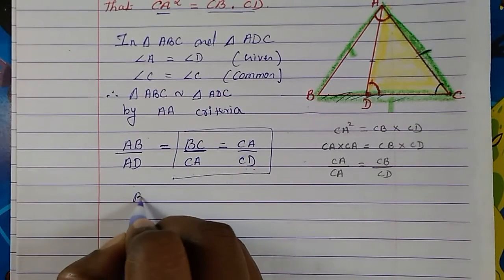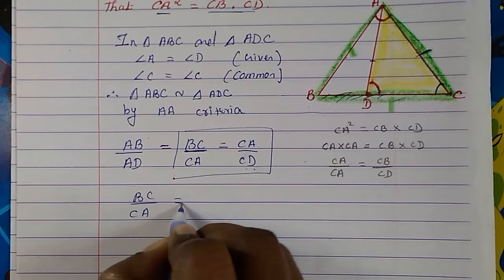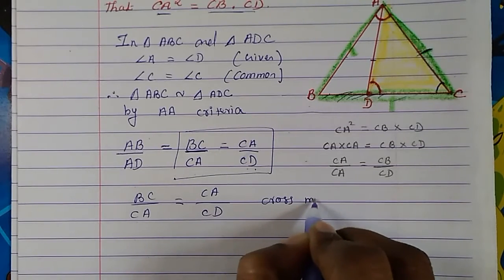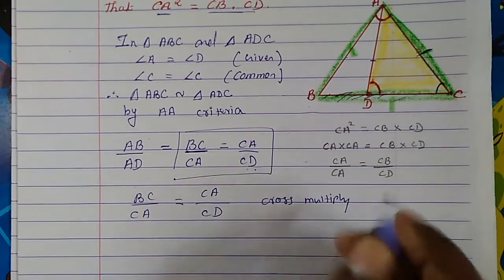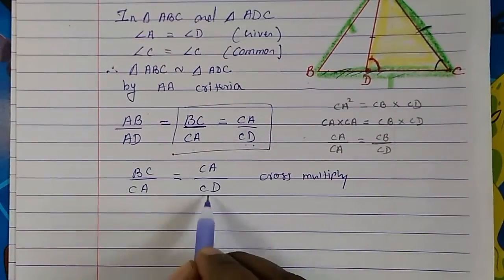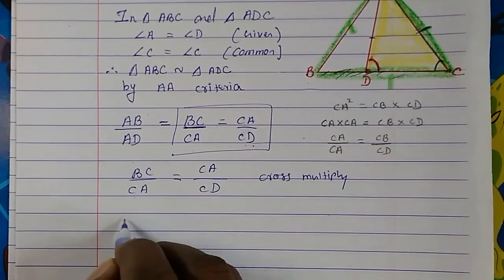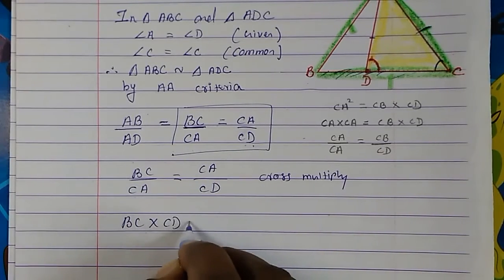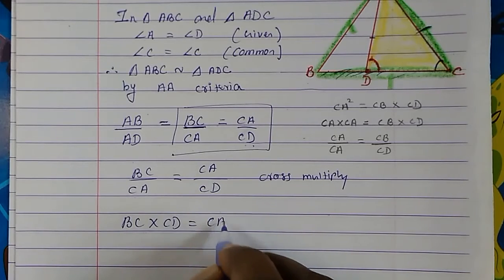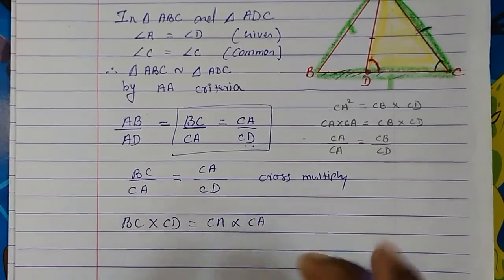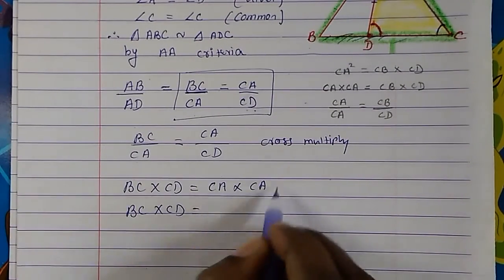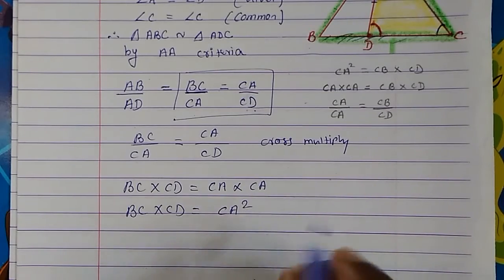BC upon CA equal to CA upon CD, cross multiply. What will we get? BC into CD will come on this side, then CA is here already. When the division goes, it becomes multiplication. So BC into CD equals CA two times, so CA square.